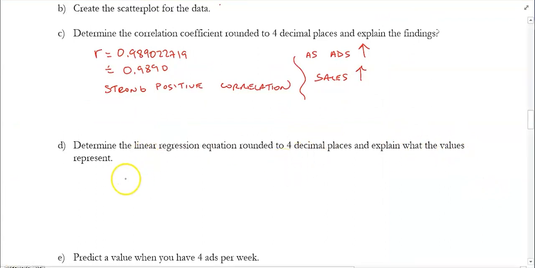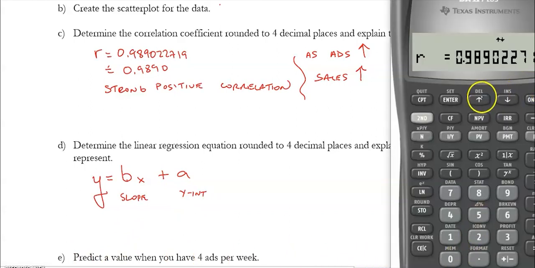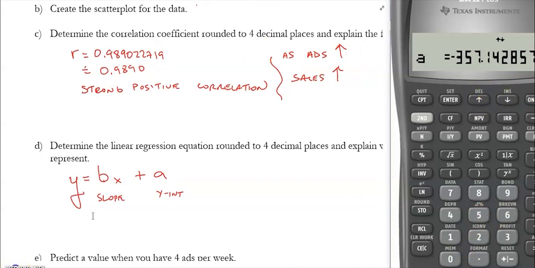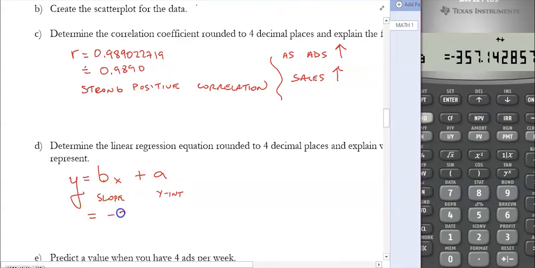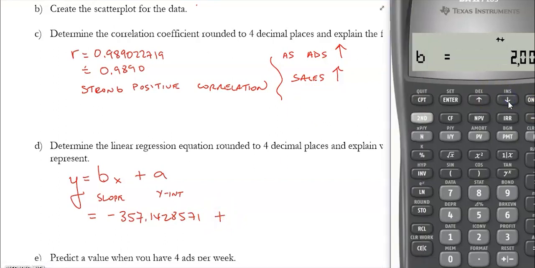So I'd mentioned that our calculator gives us y is equal to bx plus a, where b is your slope and a is your y-intercept. So going to our calculator once again, if I bring this up, I scroll back and there are 2 values, and this is what I'm going to use to write down. So y is equal to -357.1428571 plus 2,000.